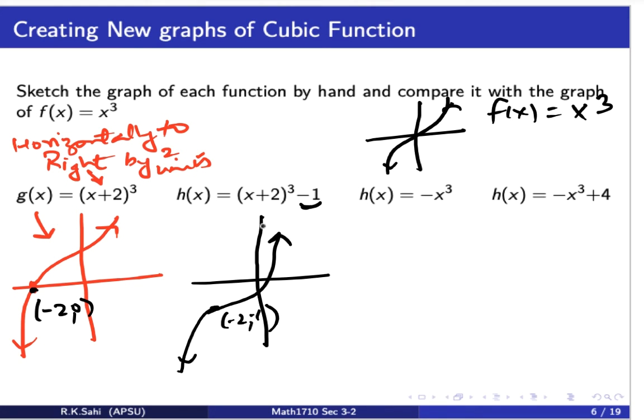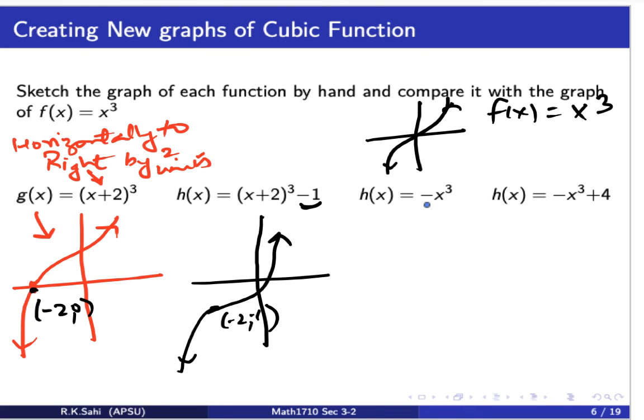Okay, now a very important concept, minus in the front. Now recall from your transformations what we said. If you have a minus in the front of the original function, that means there's a minus multiplied to the original function.